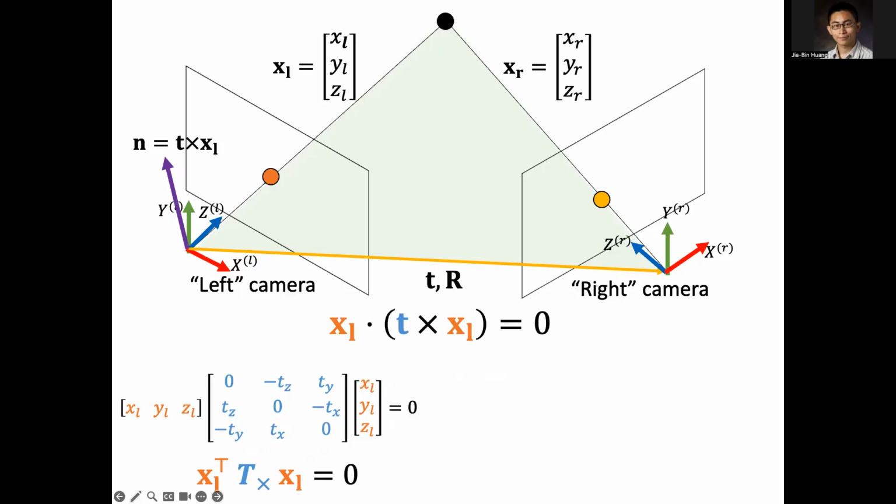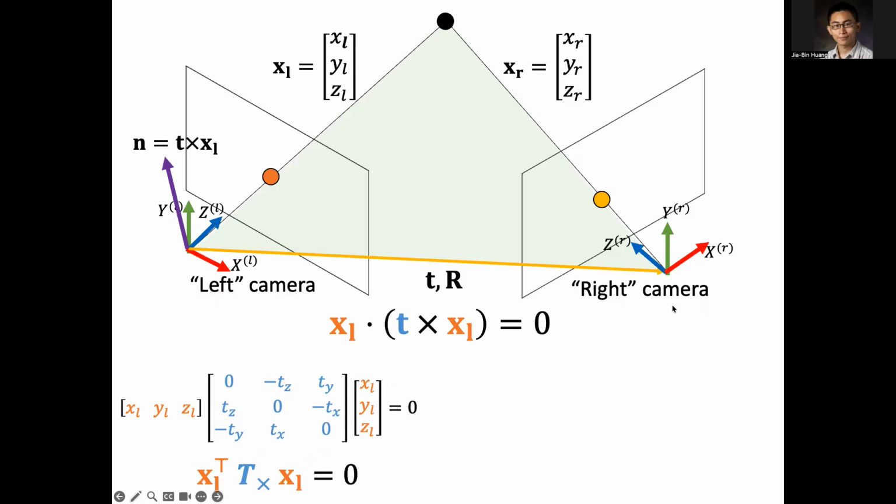So here is the trick. I want to describe this XL, YL, ZL from the other coordinate system. Remember that we talk about these being the same point. It is the same point expressed in the left camera's coordinate system, and XR, YR, ZR is the same point described by the right camera coordinate system, and they are related by a rotation and translation.